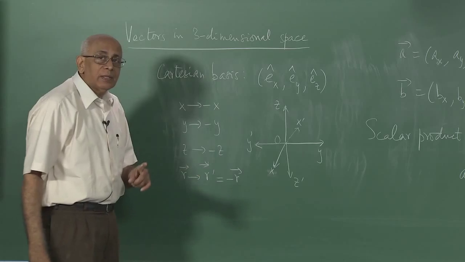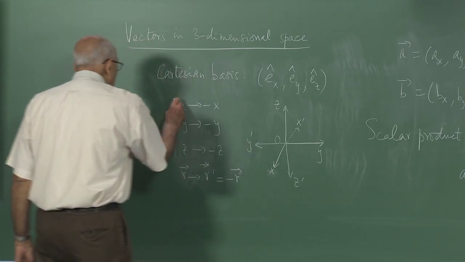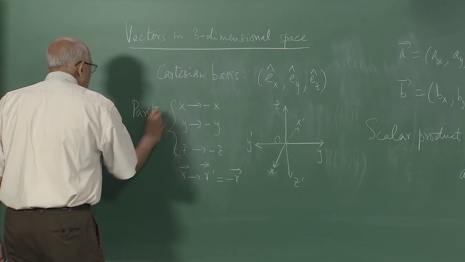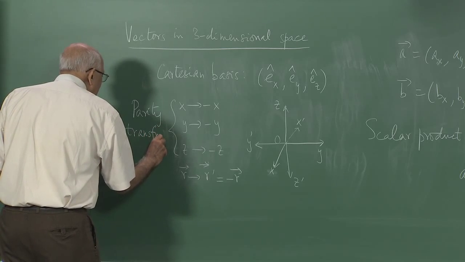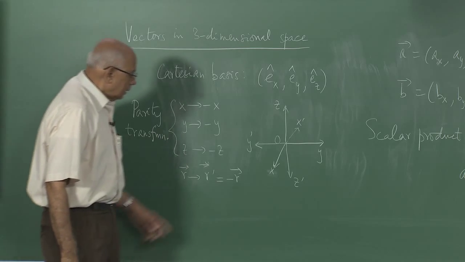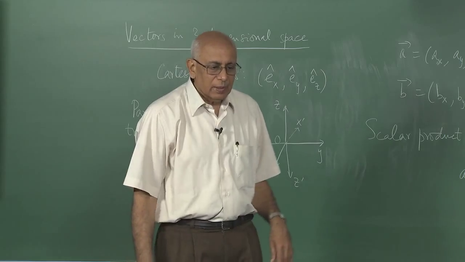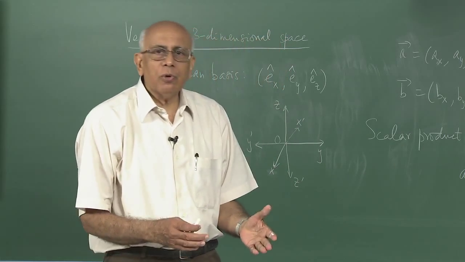So a vector changes sign under a parity transformation. This thing is called parity. Now once this happens, a general vector, if it behaves exactly like the coordinates under these transformations, will therefore change sign.